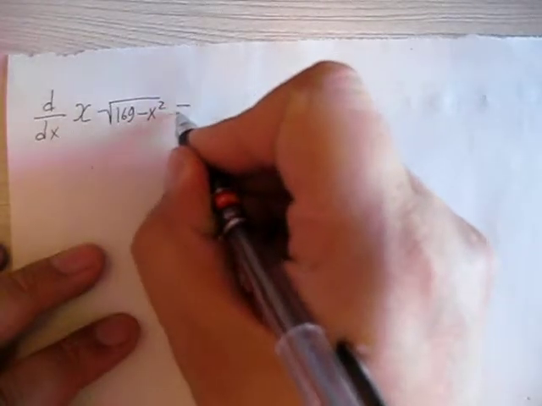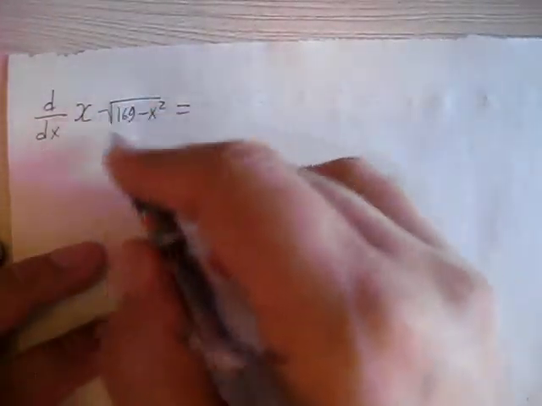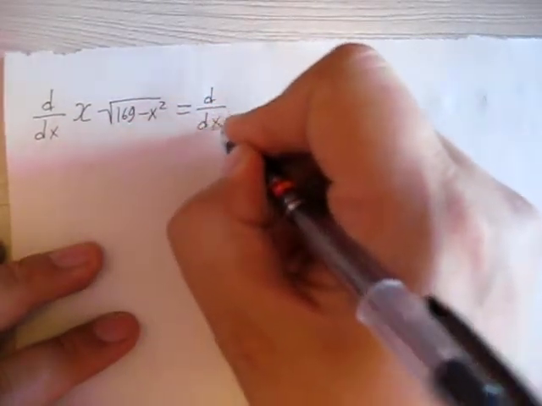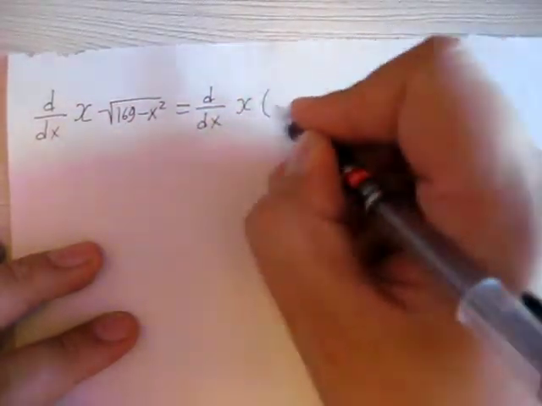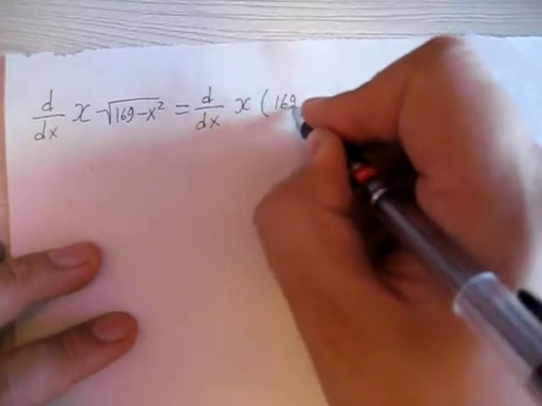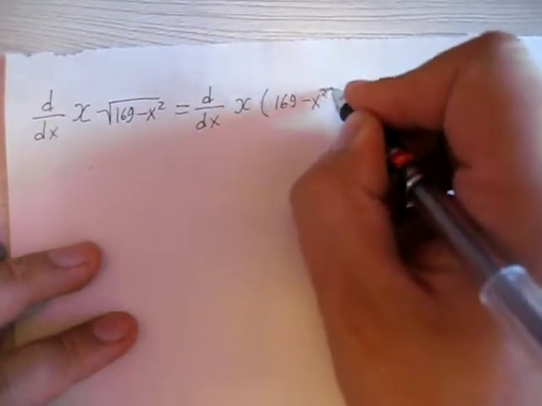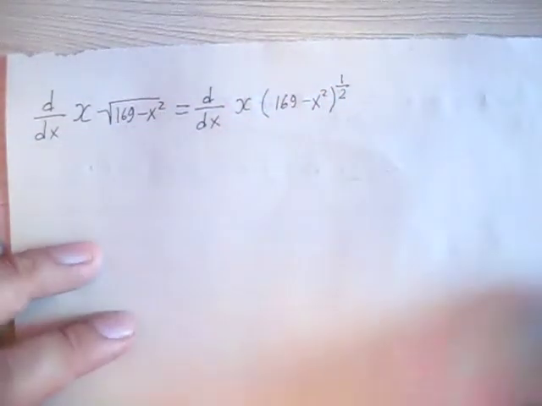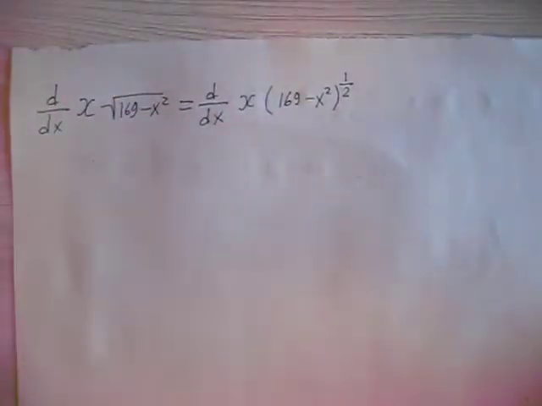So we have to just rewrite this second factor. So we will have d/dx of x times (169 minus x squared), and the square root will be the power 1/2. And now we can start to use the product rule.